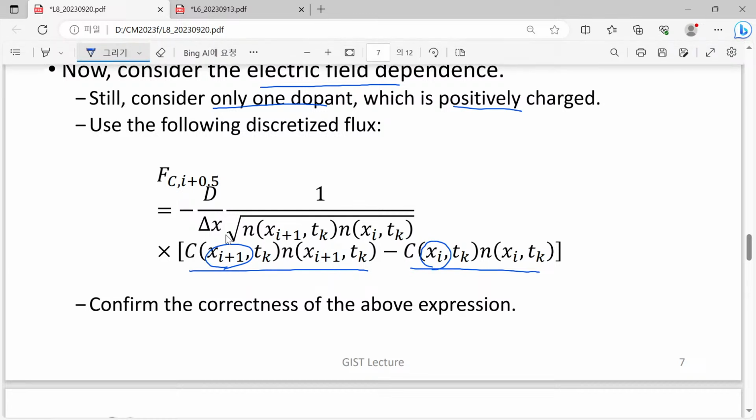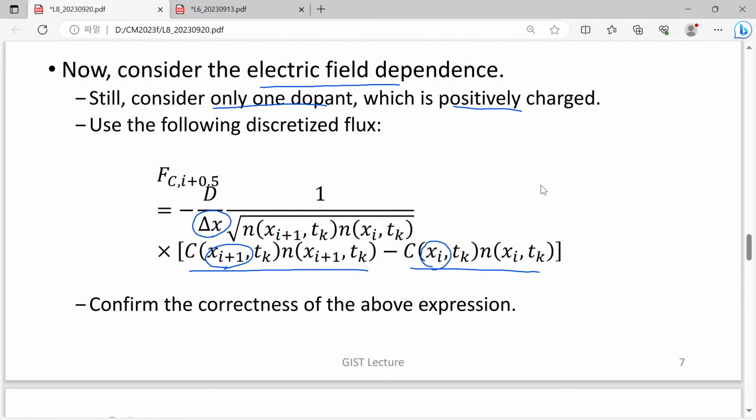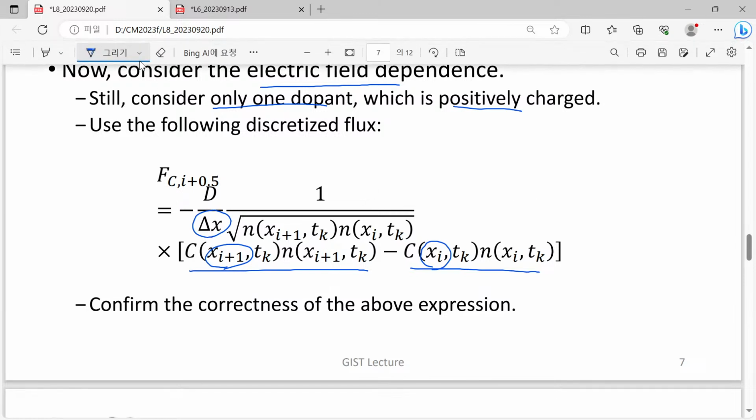So combined with this 1 over delta x, these shaded terms just represent the discretization of the partial derivative with respect to x of c n.